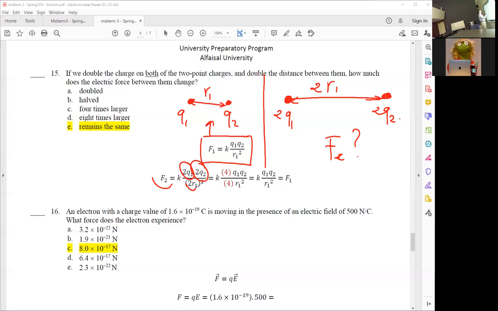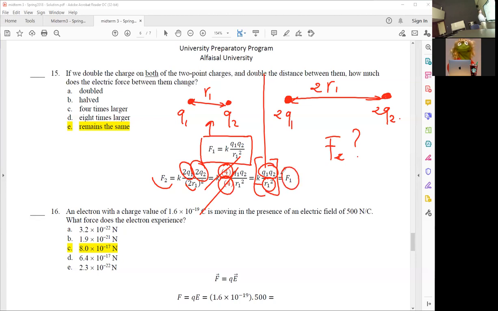Upstairs in the numerator, 2 times 2 will be 4. Downstairs, 2 squared will also give me a 4. Now you can see the two 4s will cancel each other. You end up with K Q1 Q2 over R1 squared.